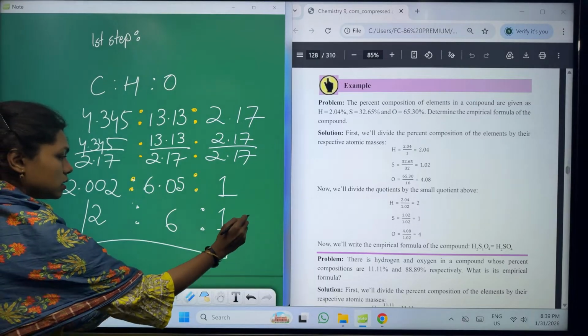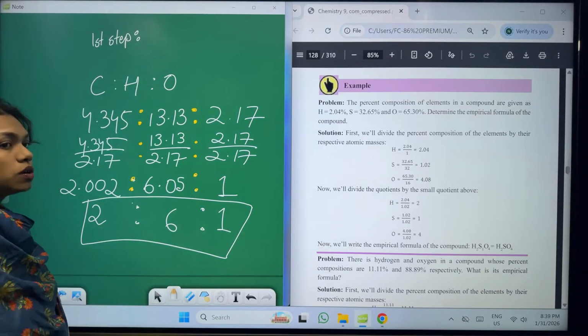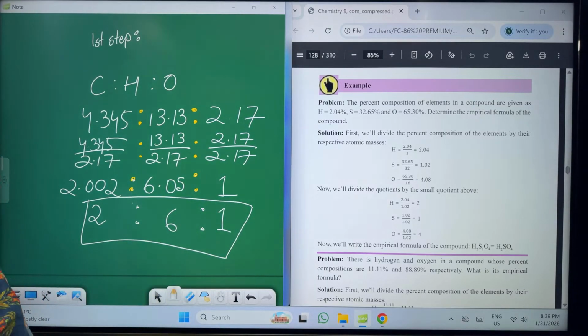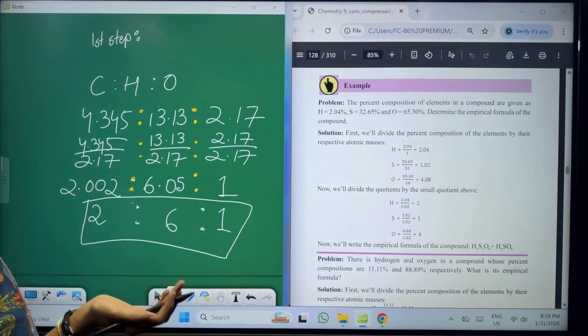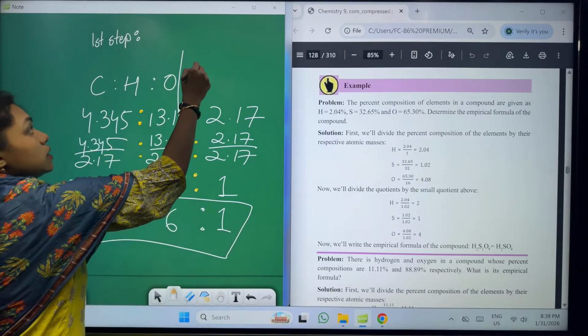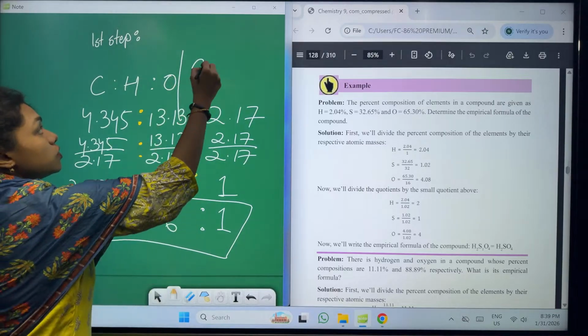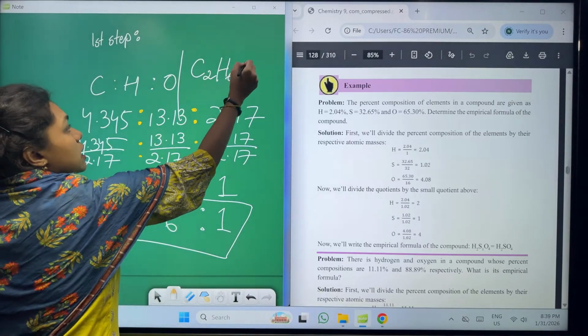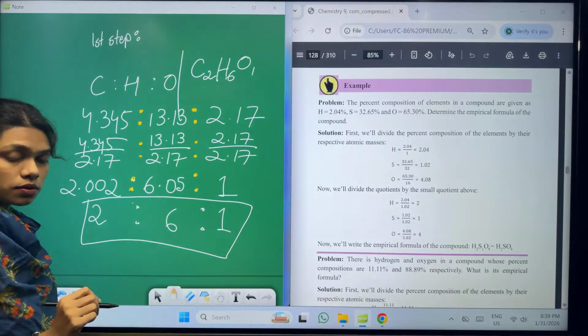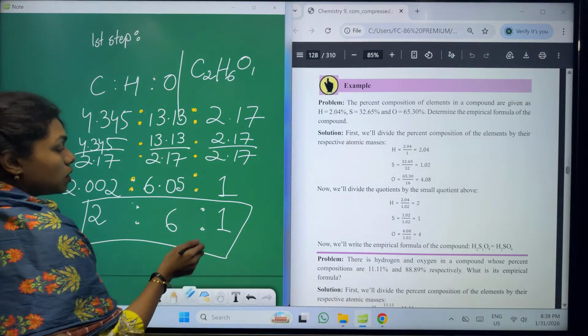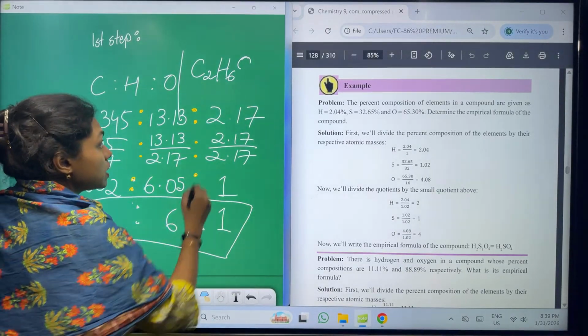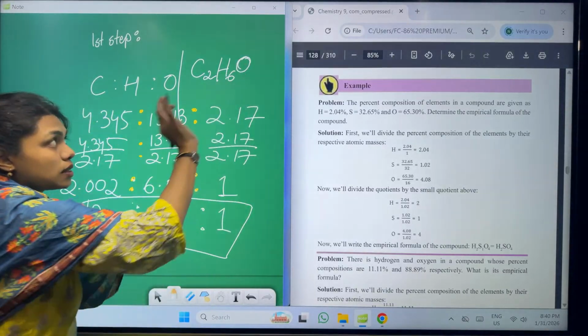This means the empirical ratio at which C, H and O will bind in this compound will be C2H6O. The 1 can be ignored, not ignored actually, I don't have to write that down.